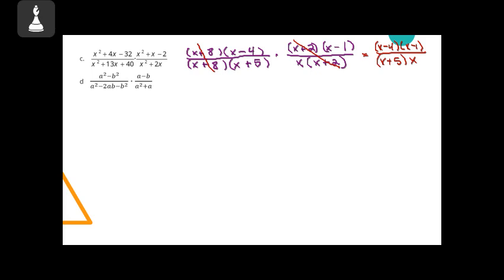It's just the distributing. X times x is x squared. X times 5 is 5x. On top, we're going to have x squared. If I add these two together, -4 plus -1 is -5x. And then -4 times -1 is +4. And that would be the answer to C.